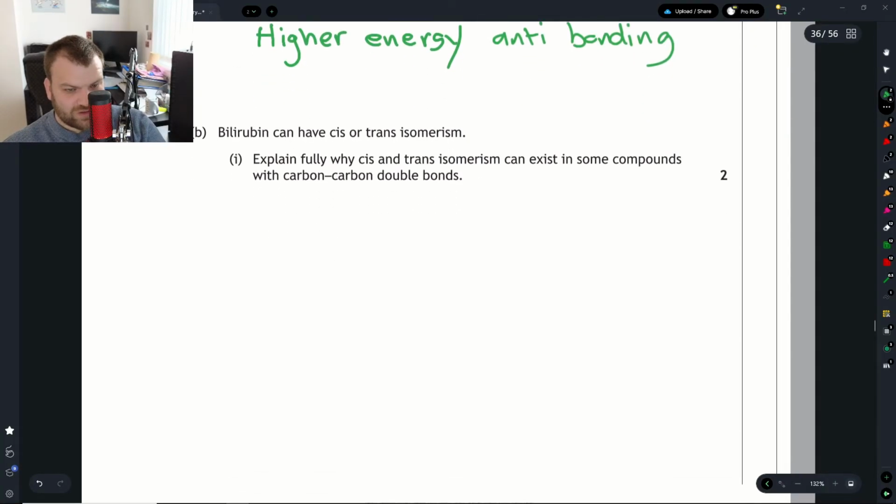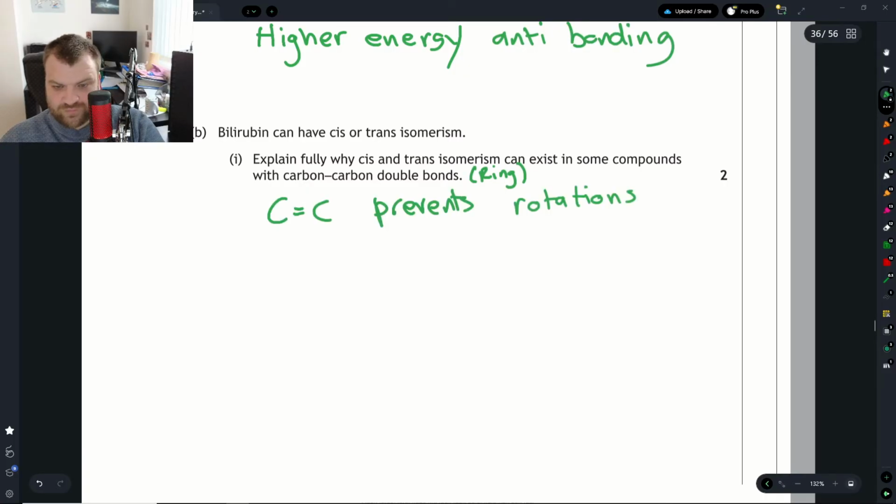We've got cis and trans isomers. And why can they exist with carbon-to-carbon double bonds? Well, the first thing is that it stops rotation. Rings work as well. A ring of carbons would do the same thing. So that's the first half of it. The other thing is we need to have different groups.